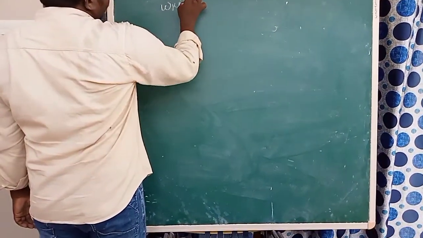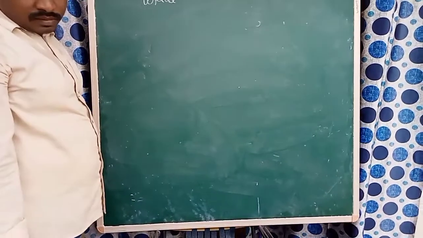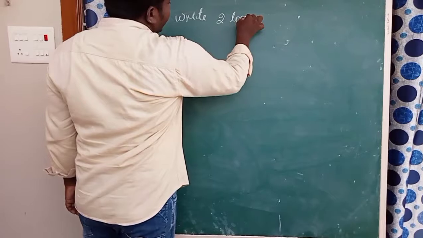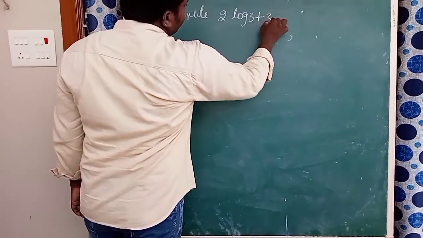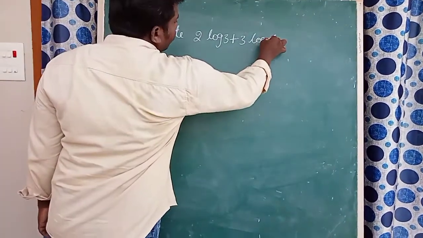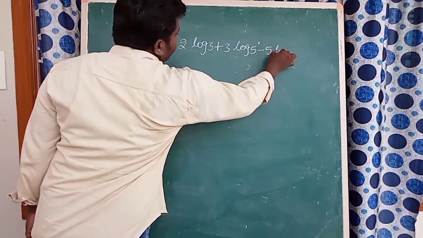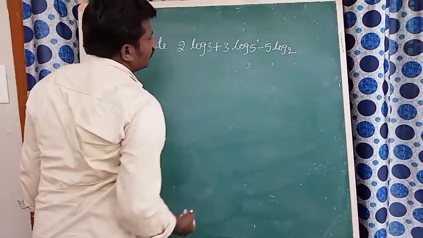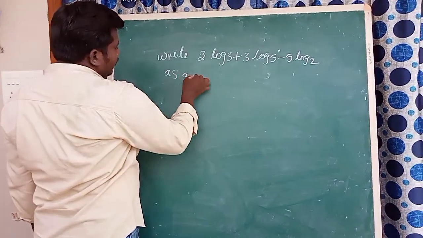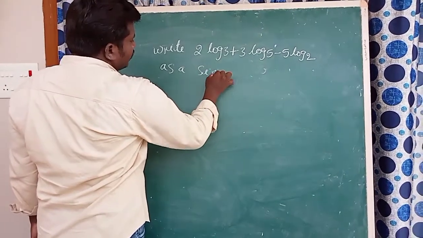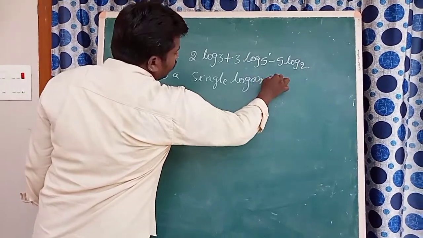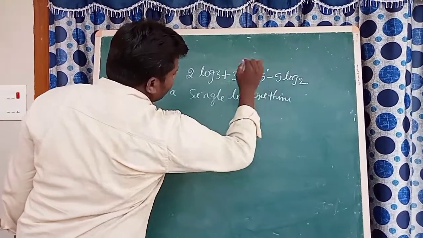Next problem: write 2 log 3 plus 3 log 5 minus 5 log 2 as a single logarithm. Okay, this is another problem.